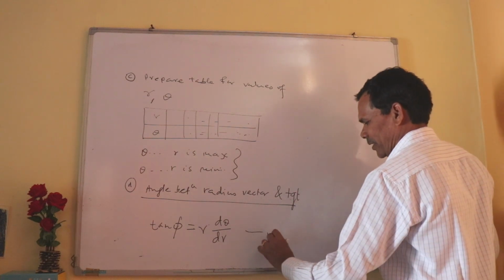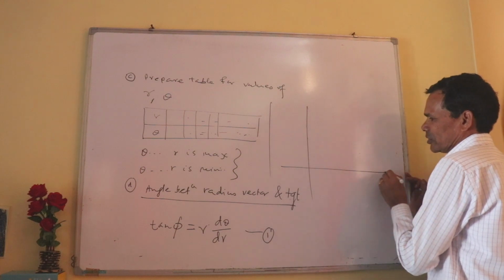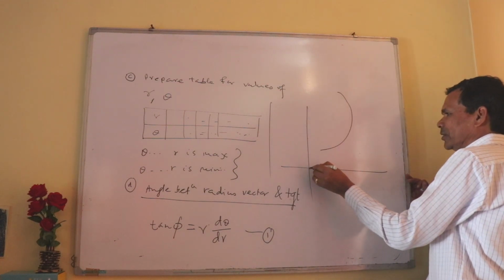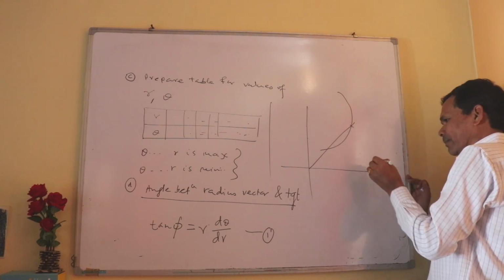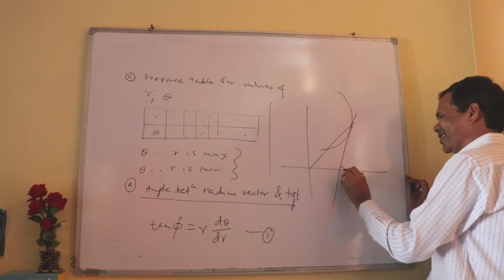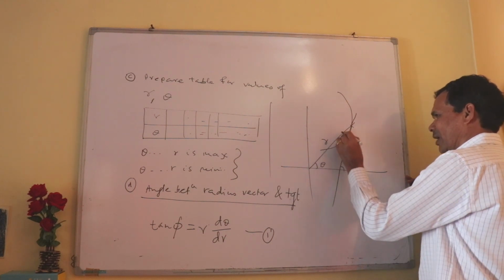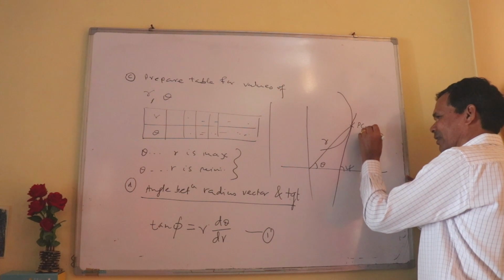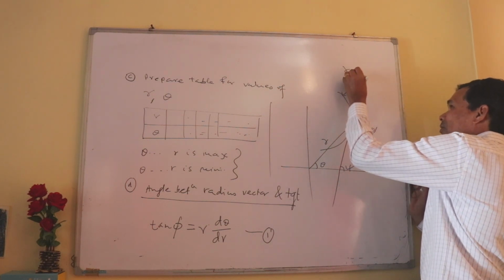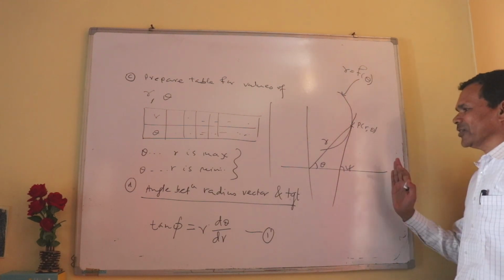It is obtained by this particular formula. Now if you observe this, suppose this is the curve, this is the radius vector, and this is the tangent. So this is psi, this angle is theta, this is r, this is P(r, theta), and this is the equation of the curve r is equal to f of theta, which we are tracing.